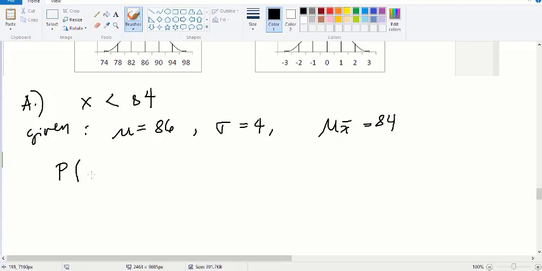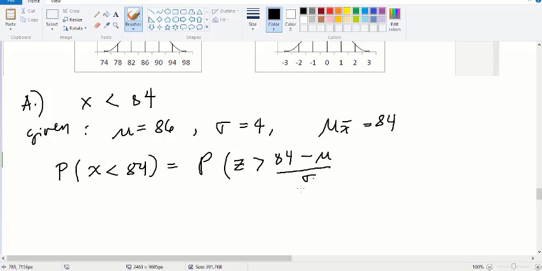The probability that X is less than 84 can be solved using the standard score, which is 84 minus mu over sigma, the standard deviation.